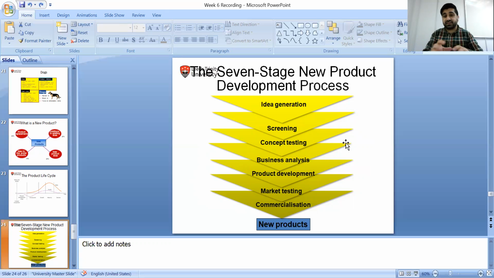After testing that concept, we analyze that business, whether our business will be successful or not. Number 5 is product development. At this stage, we develop a product, we test that product in the market, and then we start commercializing that product. So these are basically 7 steps, 7 stages of any new product development.